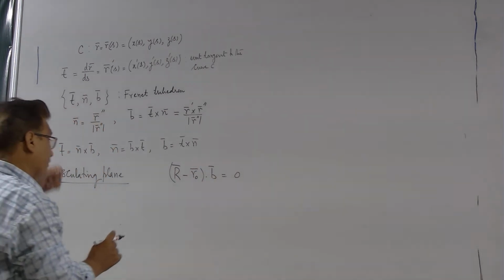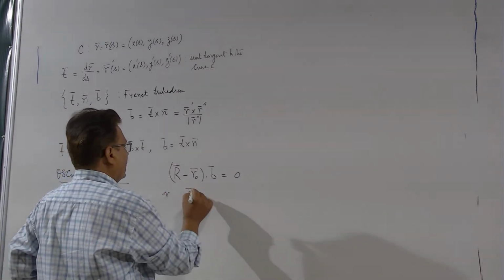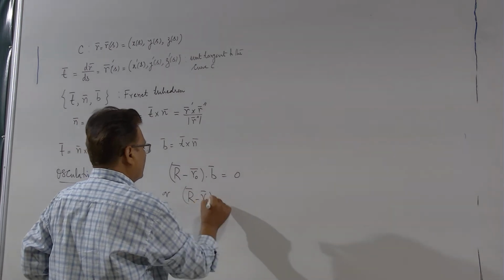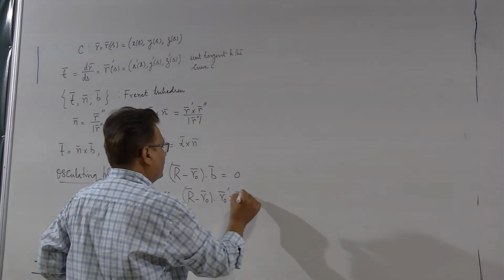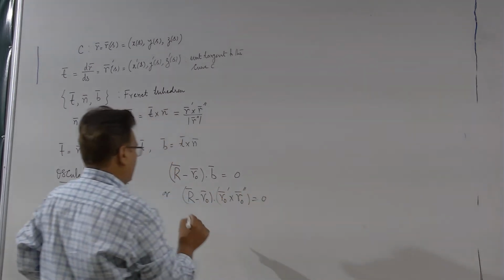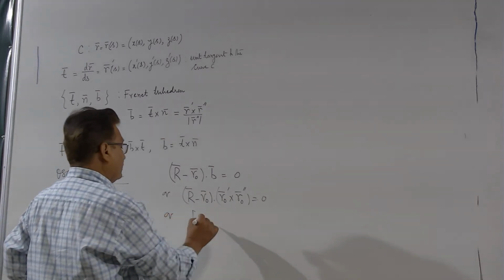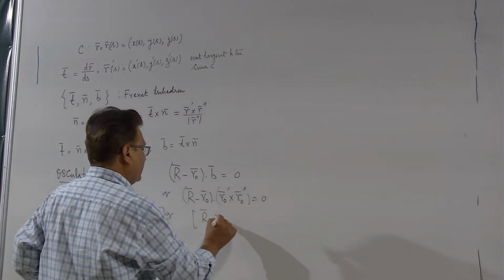So, this is the equation, or if you like, you can also write down r minus r 0 dot product r dash 0, r double dash 0 equal to 0. Or we have another notation, this is a scalar triple product of 3 vectors which we usually denote by bracket.